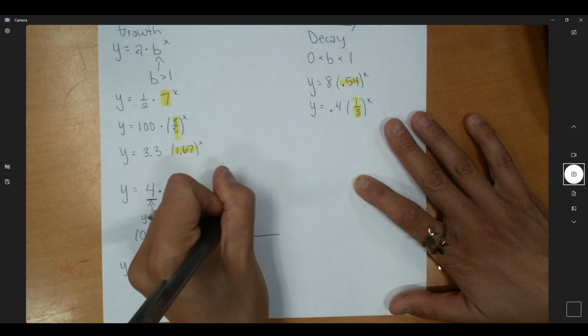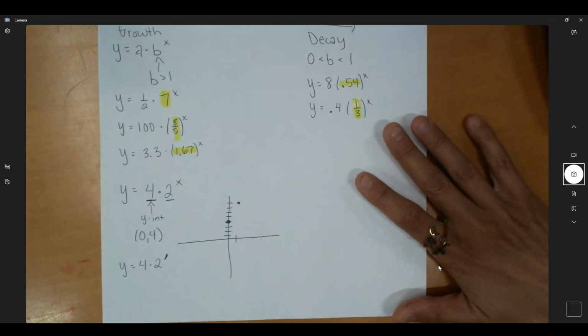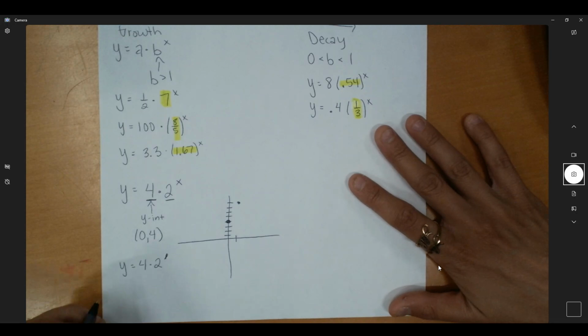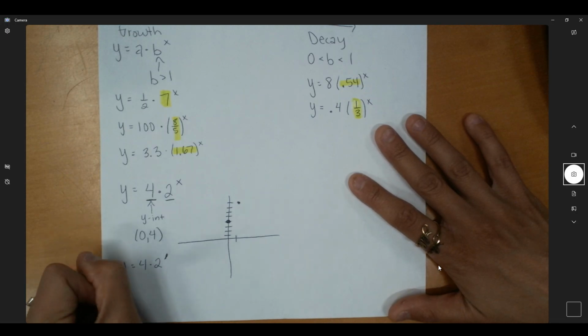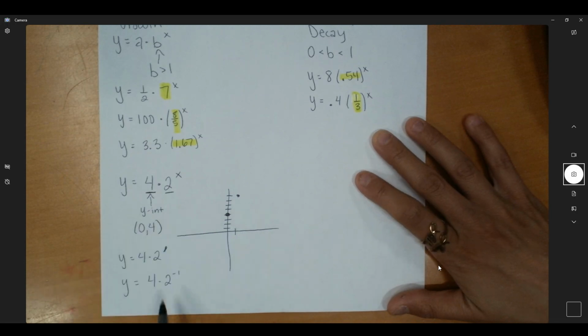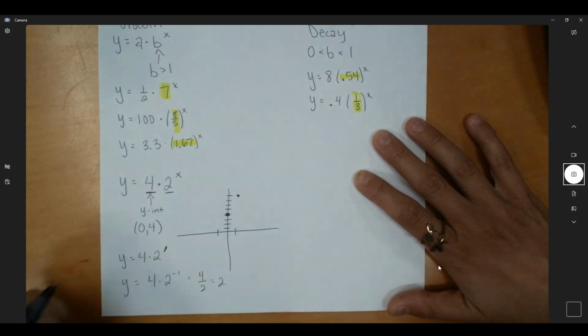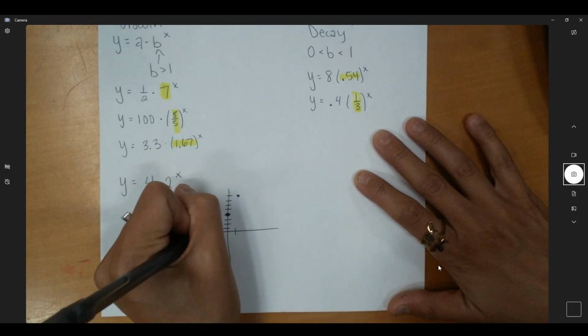So we're right here. Let's do a negative number. So we can do -1. y equals 4 times 2 to the -1. That's going to bring the 2 down. So it's going to equal 4 divided by 2, which is 2. So at -1, we're down at 2 right here.